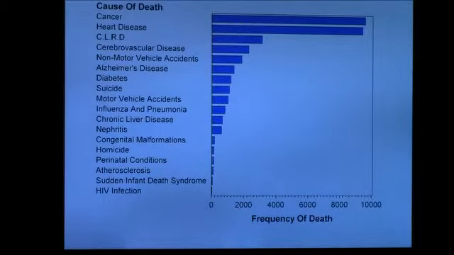Then cerebrovascular disease, non-motor vehicle accidents, and I won't go through all of them. I'll just note that in most tabulations and graphics that you'll see from the federal government on cause of death, they put non-motor vehicle accidents and motor vehicle accidents together and list them that way.